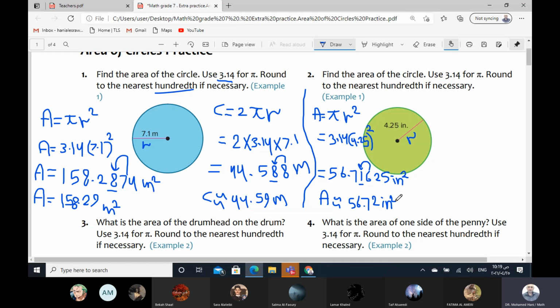I will add also here a question: find the circumference. So to find the circumference, use the formula C equals 2 pi r. So 2 times the value of pi, which is 3.14, times the value of r, which is 4.25.